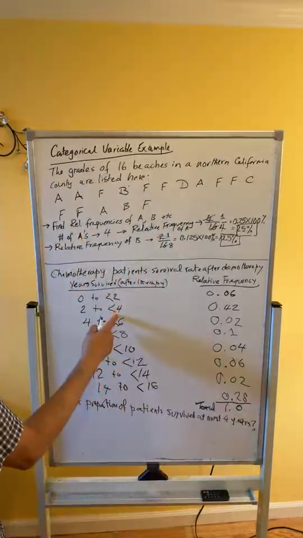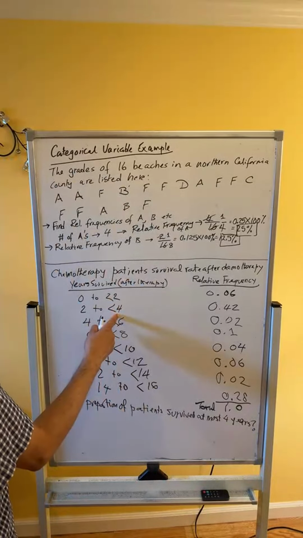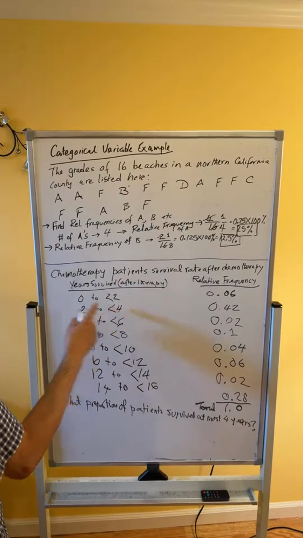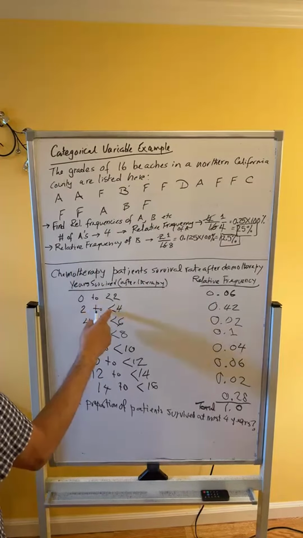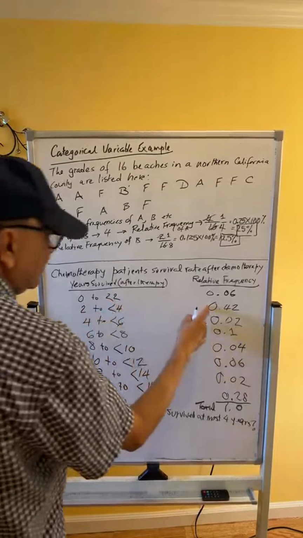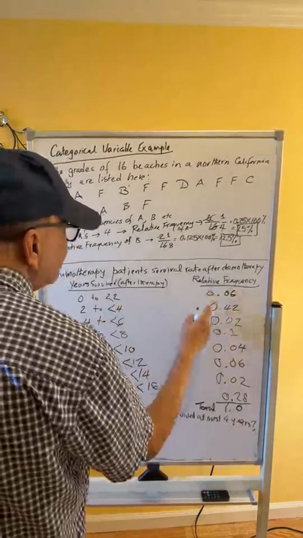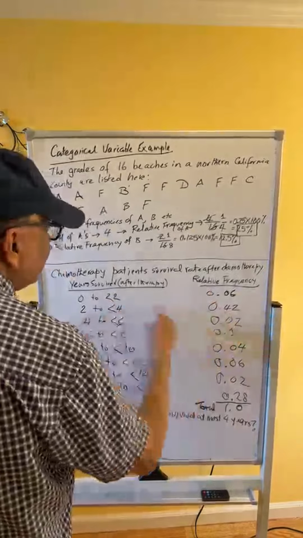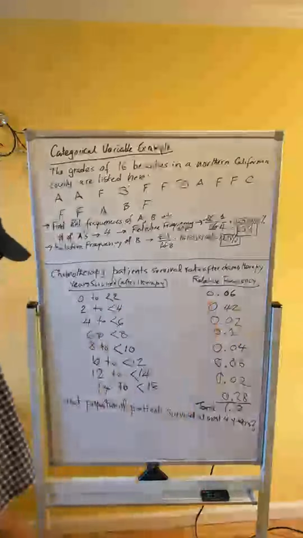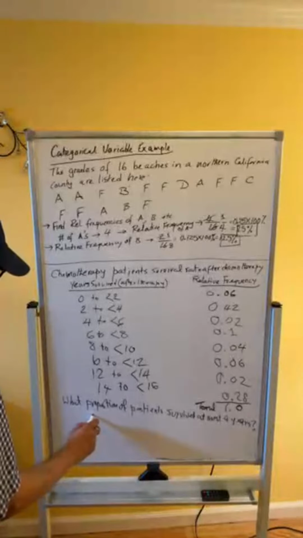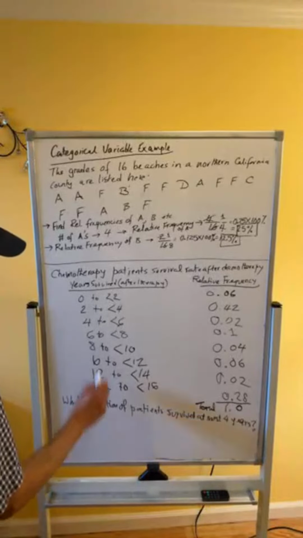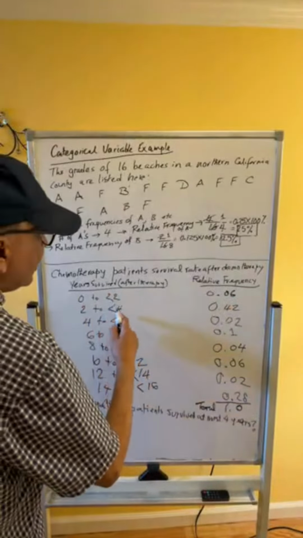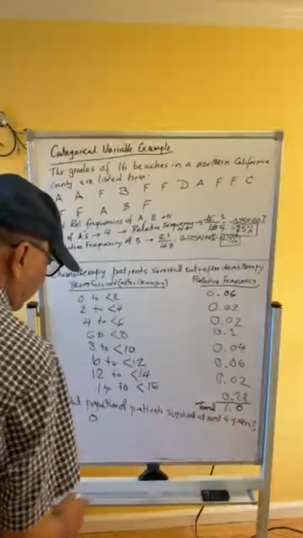Now 4 is the upper boundary of this second class. So the relative frequency of that is up to 4. You not only include 2 to 4 but also the class before it. Because they're surviving up to 2, 0.06 relative frequency, and from 2 to 4, 0.42.